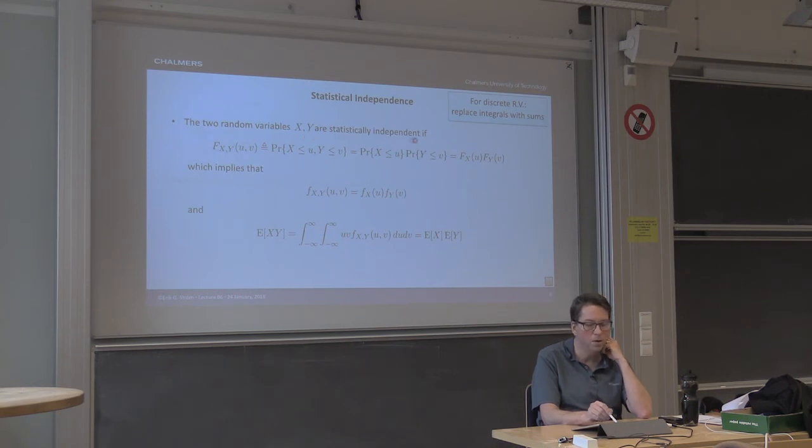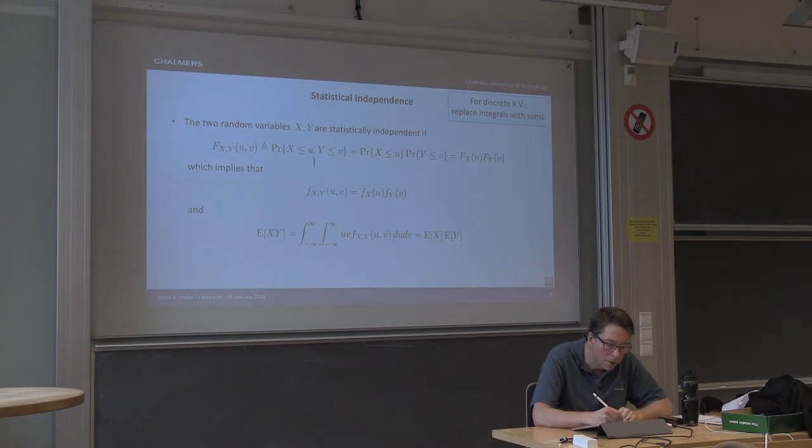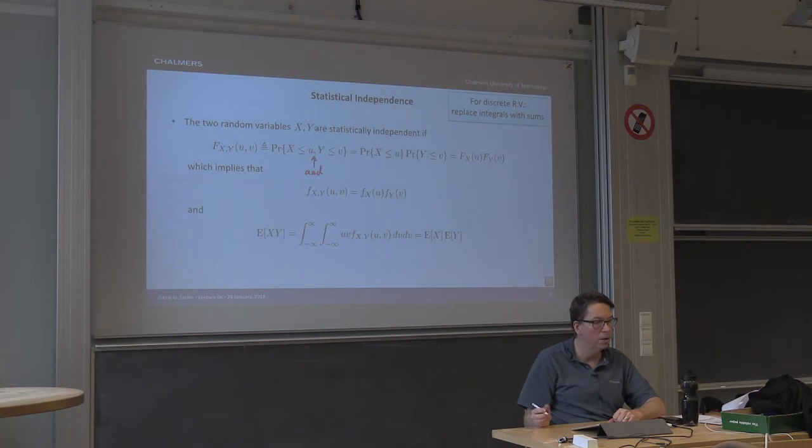We say that these are statistically independent if the joint CDF of x and y, which by definition is the probability of this event, the probability that x is less than u and that y is less than v. Okay. So the comma means and. So the probability of which event are we looking at? We have the probability of the event that both x is less than u and y is less than v.